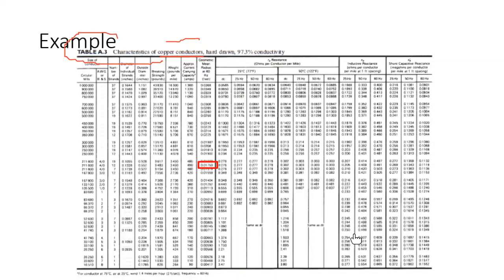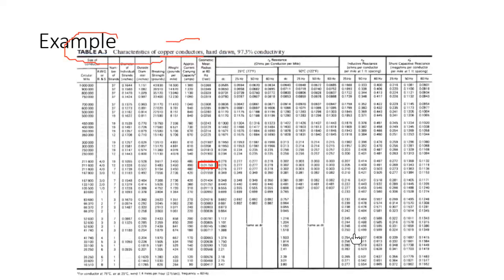But still, when we calculate the inductance, we put per meter, or the resistance all per meter. Here the distances are given, but the end result will be per meter.